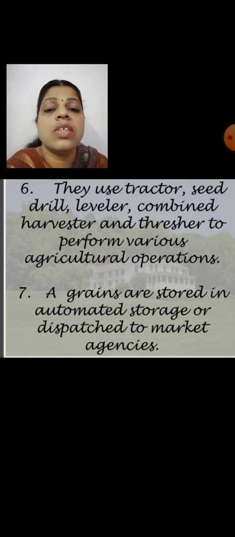And various machines like tractors, seed drills, levelers, combine threshers, as well as harvesters, can reduce the manual labor or the laborers, and it also reduces the cost of performing these agricultural activities.